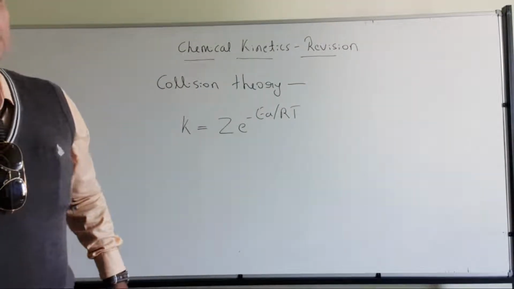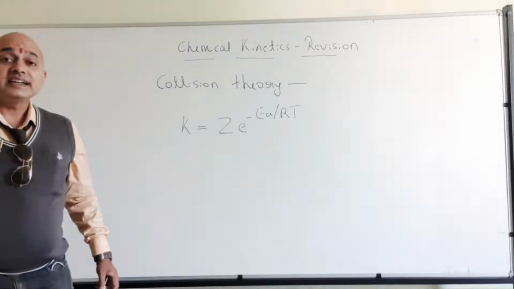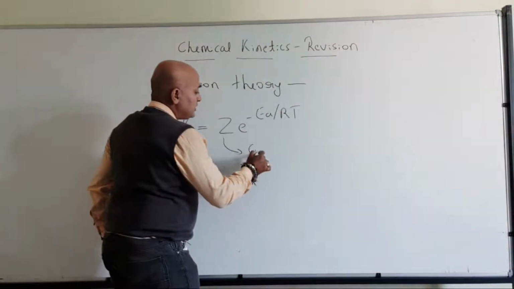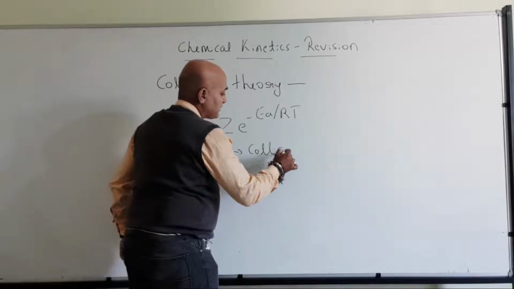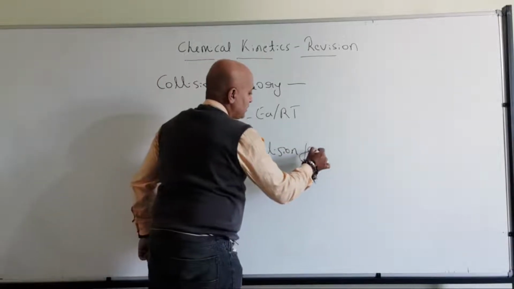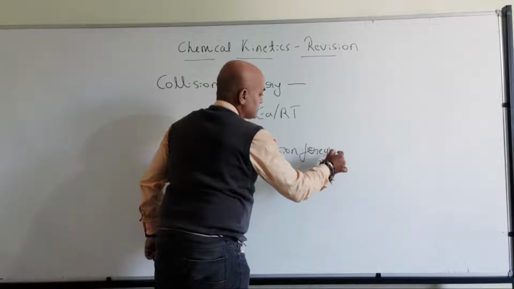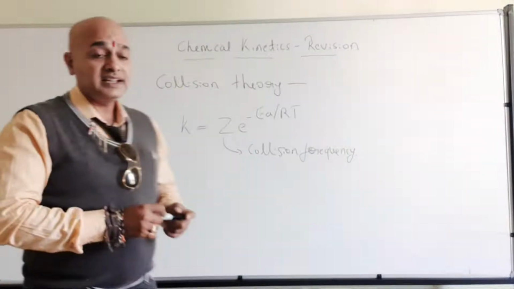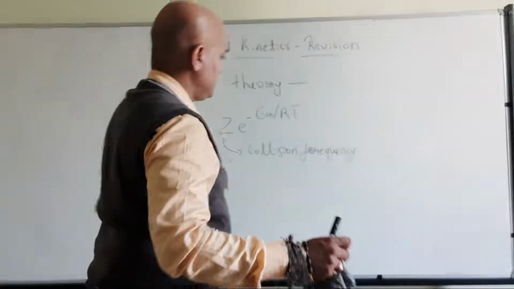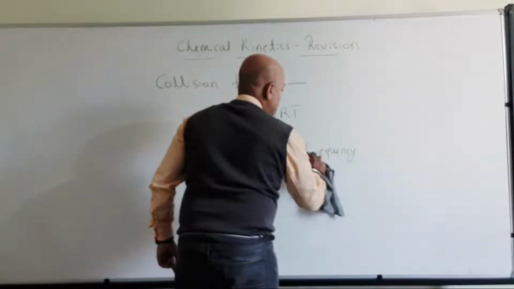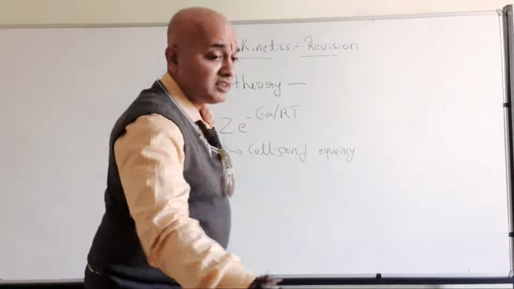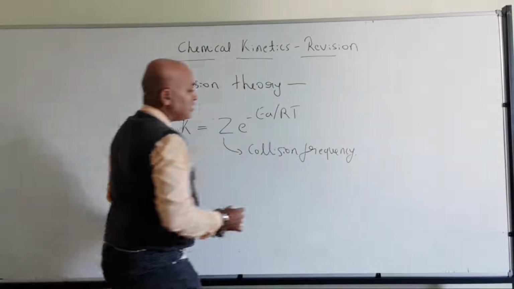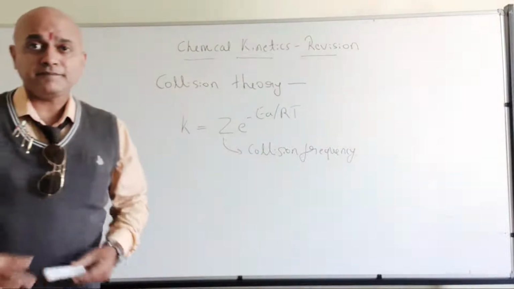That's what I told, the Arrhenius factor is replaced by Z. That is nothing but collision frequency. How frequently those reactants will collide with each other, because they are present in the solution. So every time, reactants may not be colliding with each other.